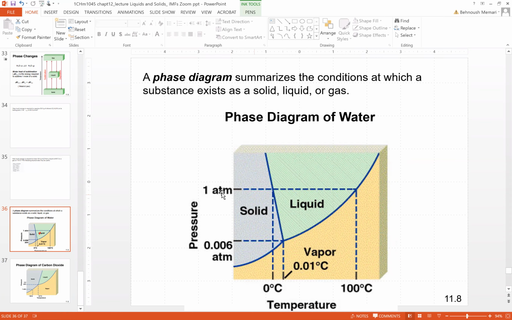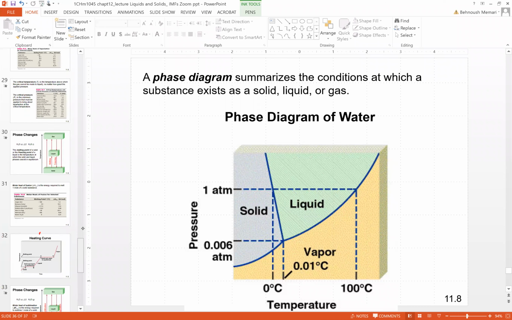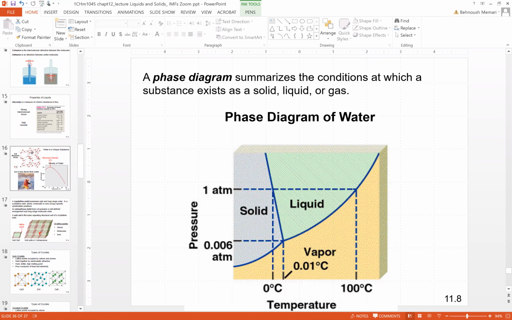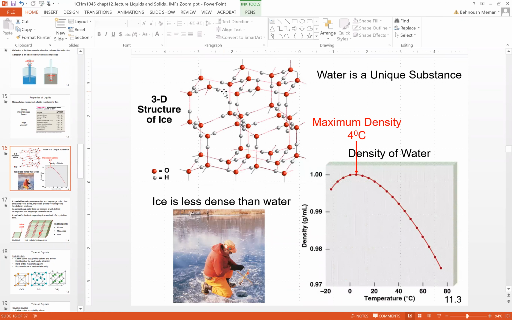What's the difference here? It's saying that for water at very high pressure, the sample is going to exist as a liquid, not solid, if you increase the pressure. We saw before that inside the water molecule there are spaces. So lots of pressure is going to squeeze the molecule and it would change to liquid. That's kind of the explanation.